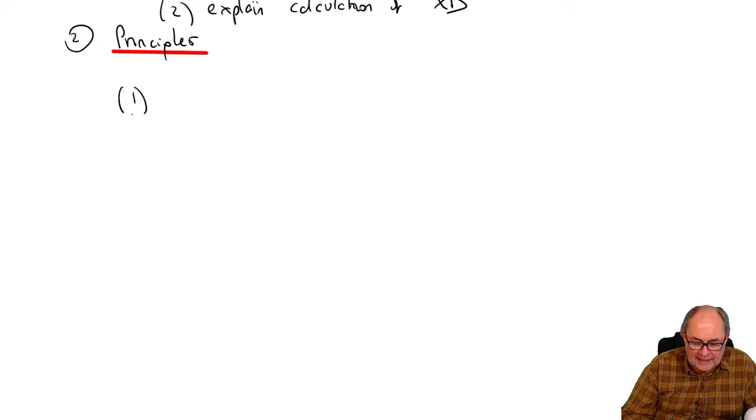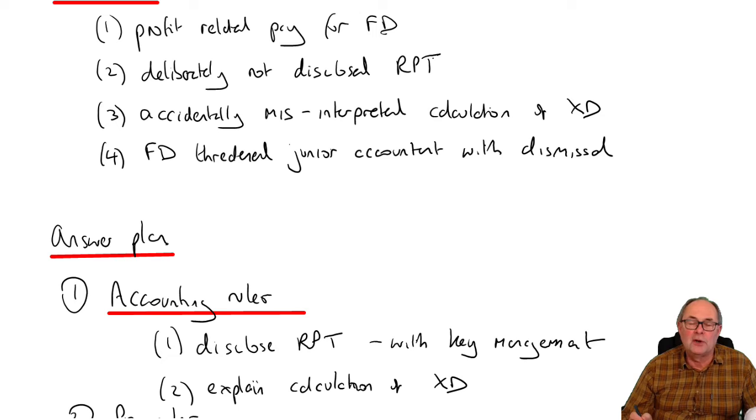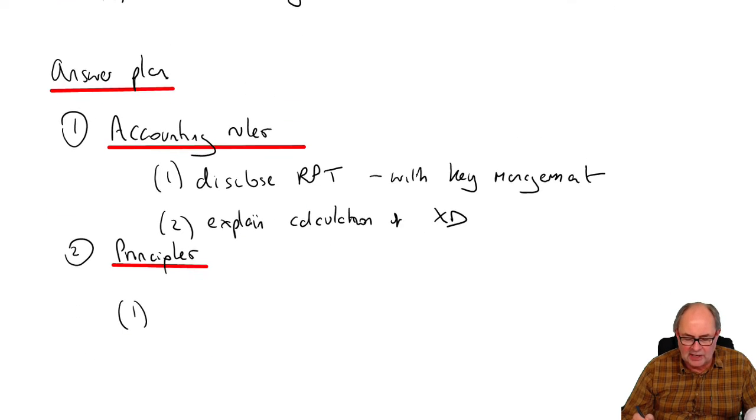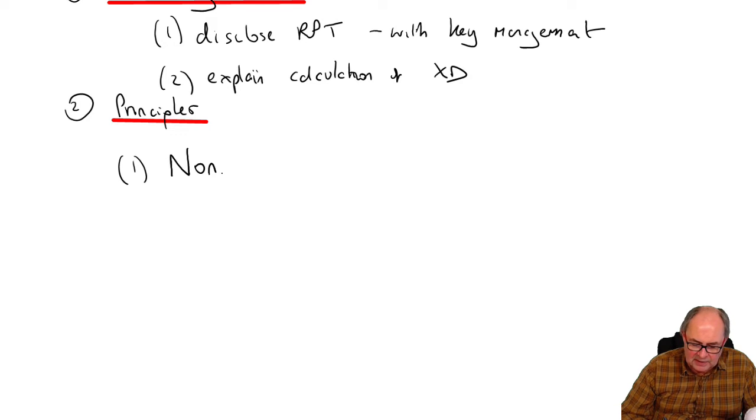So again, we've said that they've deliberately not disclosed the related party transaction. So that to me shows a lack of integrity. The non-disclosure was deliberate, wasn't it, of the related party transaction.